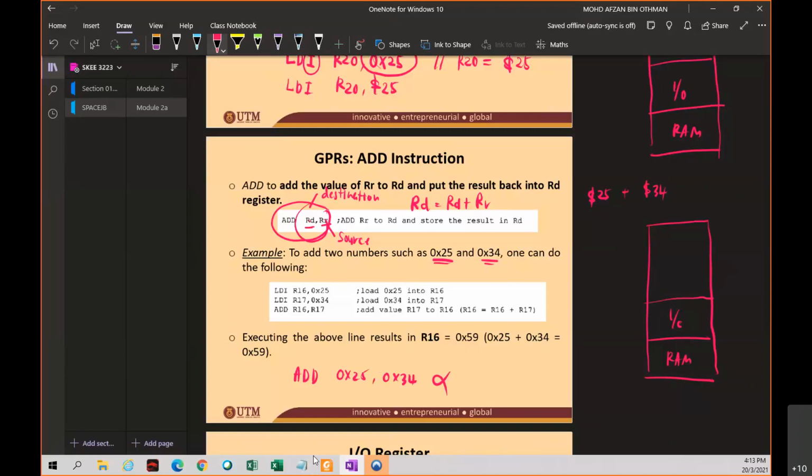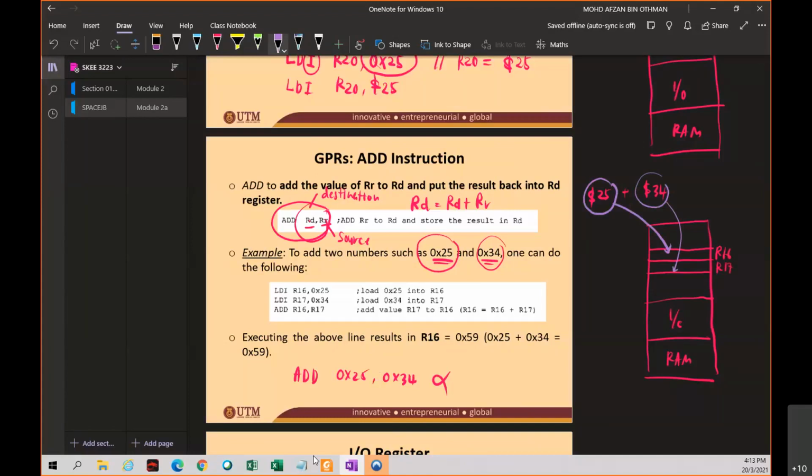Okay, so kita kena masukkan dulu nombor ni ke dalam GPR, the second number to our GPR, and after that barulah kita boleh guna instruction add. How to do that? Okay, contohlah dalam contoh ni, let's say this is our R16 and this is our R17. We are going to use R16 and R17 to load the value. So 25 you're going to put to R16 and 34 kamu kena load dalam R17.